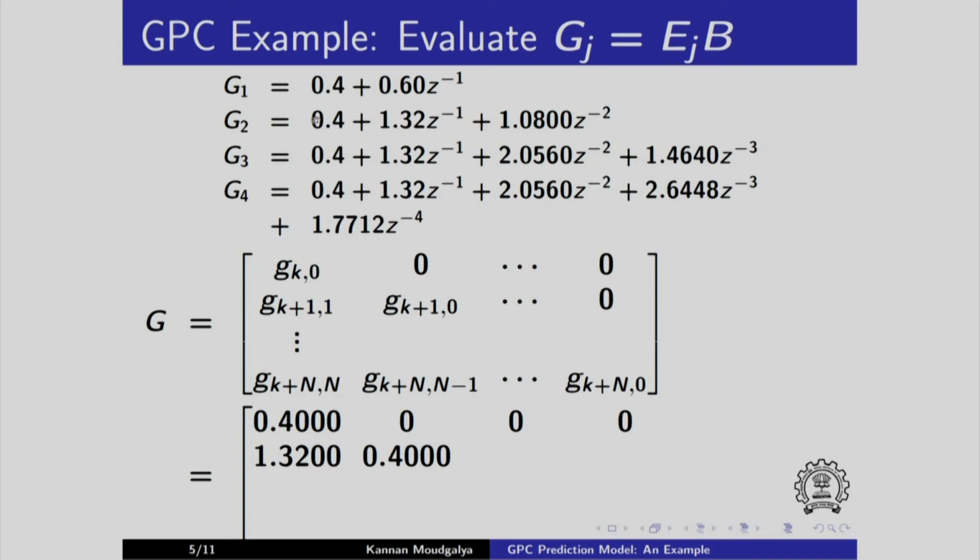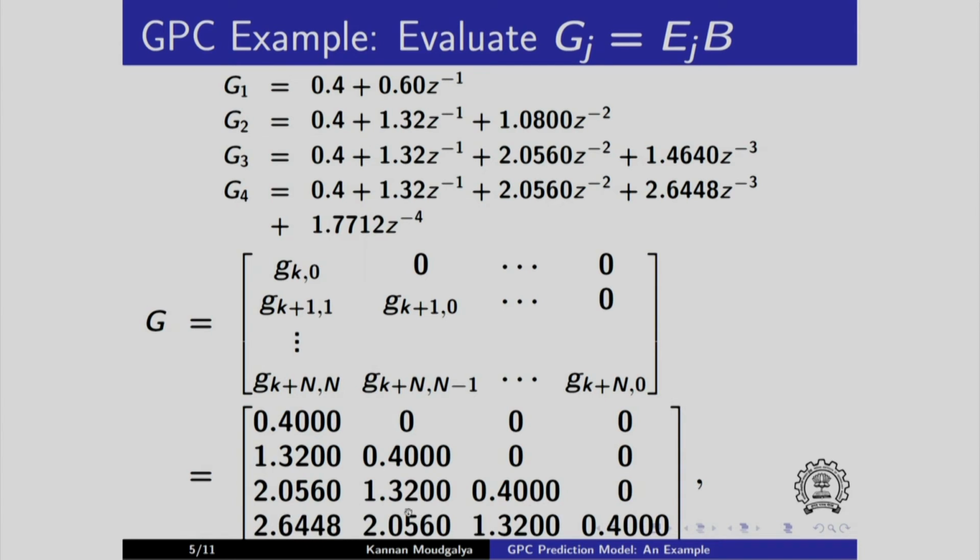So we have flipped the two, 1.32 and 0.4, the order changes, 0, 0. Similarly, for the third one, it is the first three flipped and then 0, and finally you complete the last row. So this is the G matrix.